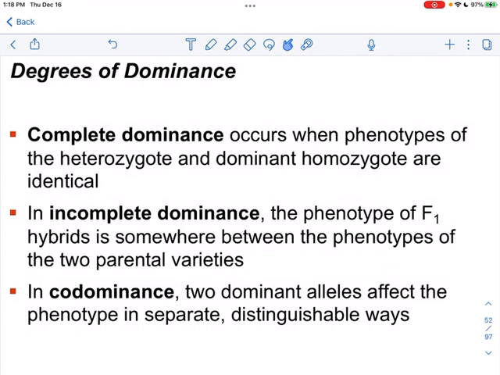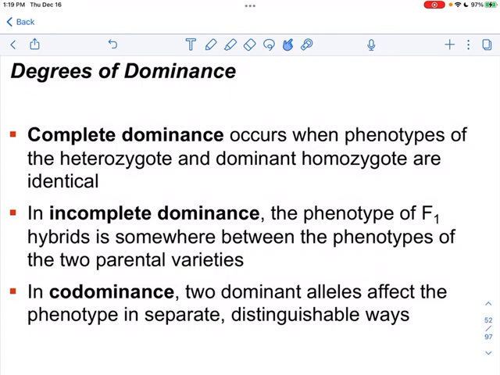Are we looking at the organismal level? And one particular trait can change in its degrees of dominance depending on what level you're looking at. But the way that the alleles are interacting determines their degrees of dominance.